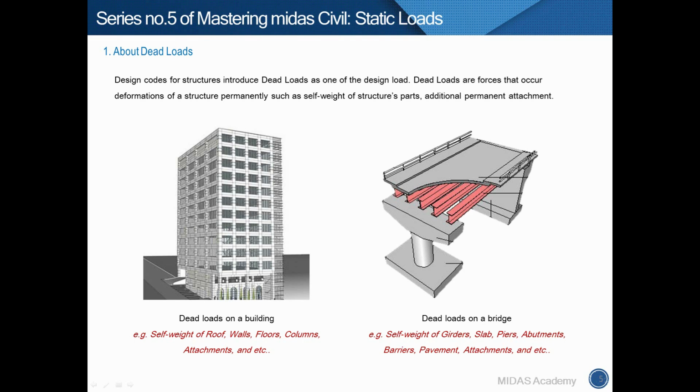For instance, in a building, the weight of a roof, walls, floors, columns, attachments, etc. can be the dead load. In a bridge, the weight of girders, slab or deck, a pier, an abutment, a pavement, and other attachments can be the dead load.